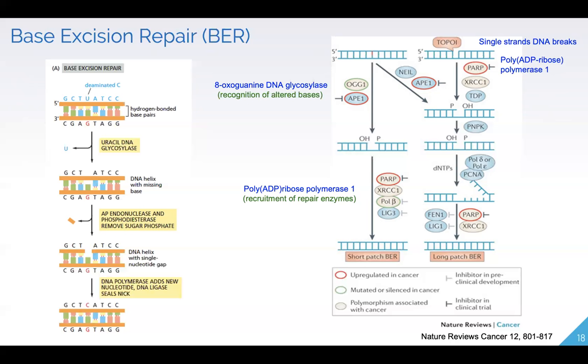That's a normal process that happens during replication by topo 1, or during transcription by topo 2, and that just normally gets fixed. But sometimes these enzymes get trapped.